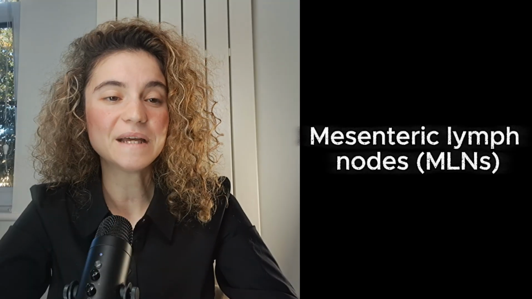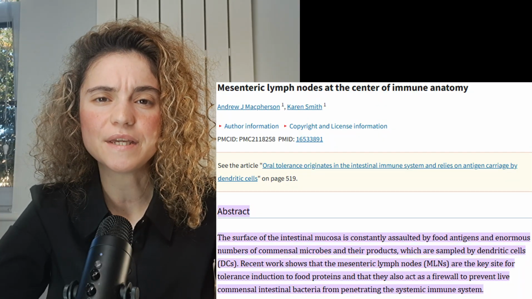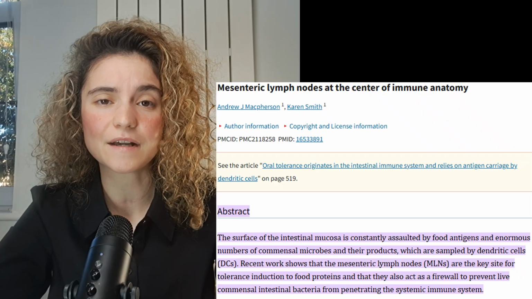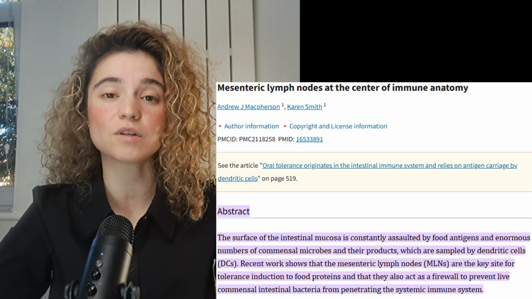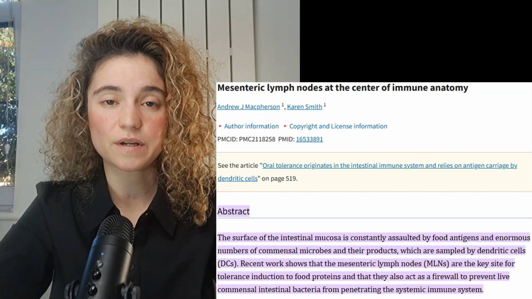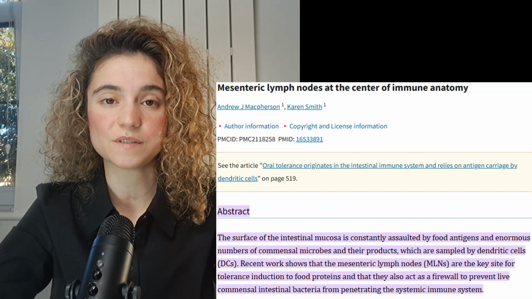Now, the final part of the gut-associated lymphoid tissue, which I find to be slightly more complicated, are the mesenteric lymph nodes, or MLNs for short. So these are critical to gut immunity and primarily play an active role in defense and tolerance for the intestinal tract. Okay, so the body needs to differentiate between pathogens and then non-harmful substances.